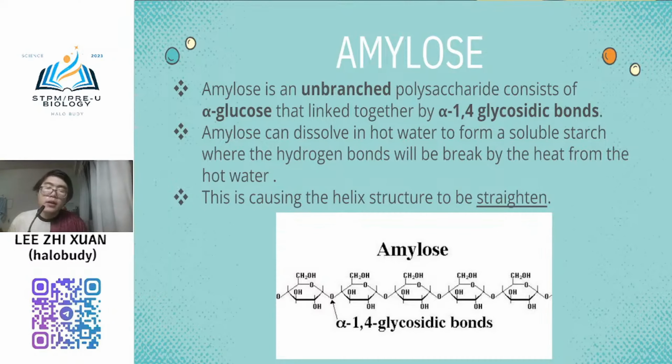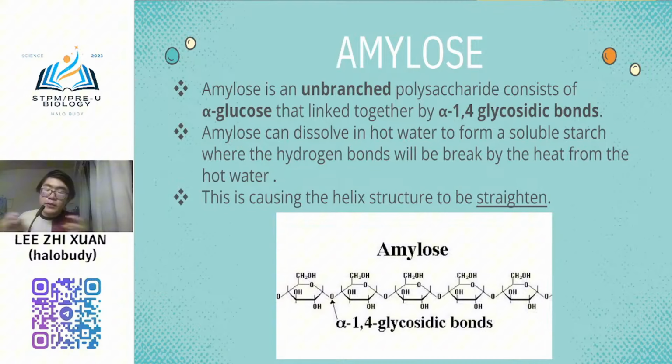Polysaccharide is the combination of hundreds of glucose molecules into a very long chain. And as I mentioned before, you have branched and unbranched. If you want to form an unbranched polysaccharide, how to do it? We know that glucose and glucose form maltose using an alpha 1,4 glycosidic bond, right? Similar concept.